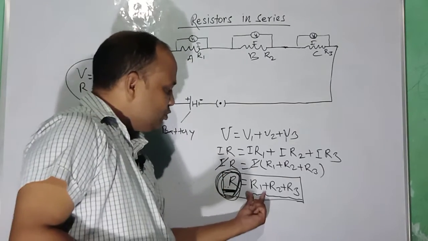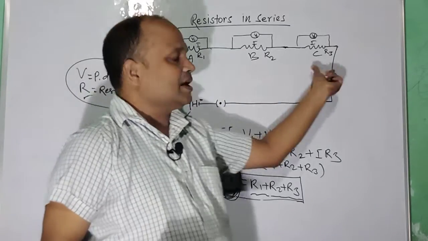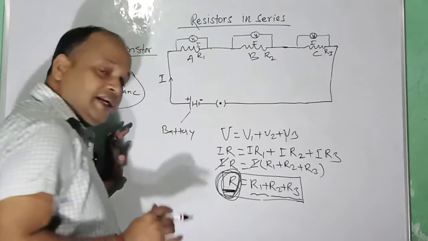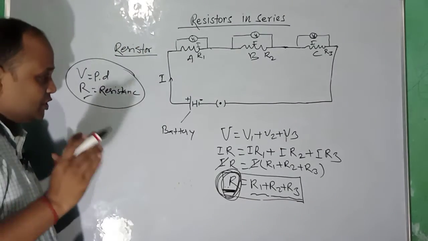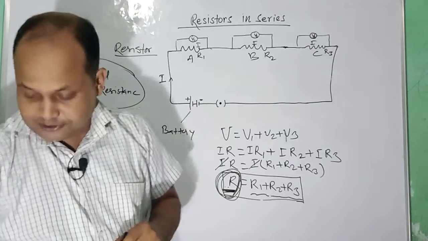This R is equal to R1 plus R2 plus R3. These R1, R2 and R3 are the individual resistances. So you have got the relation to find the total resistance of the circuit in series combination.